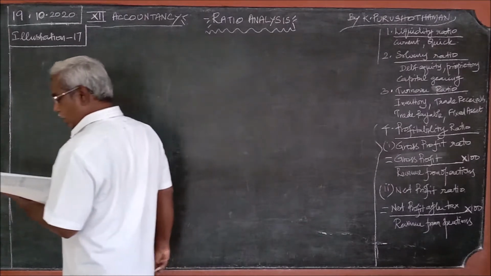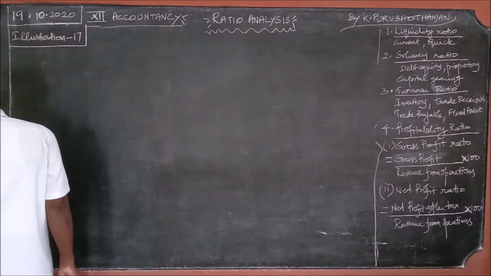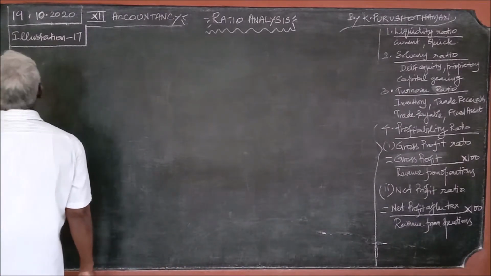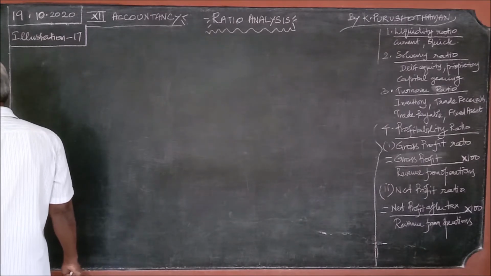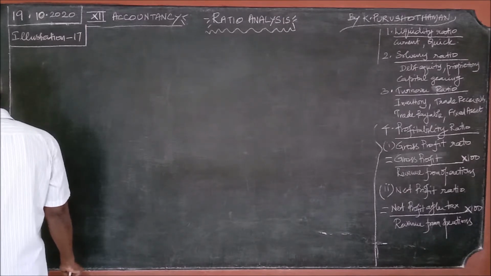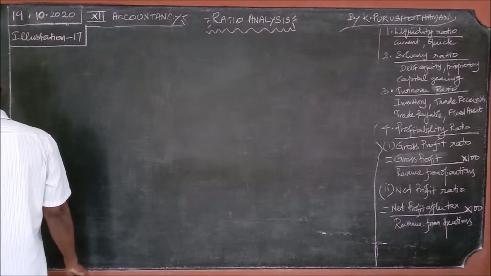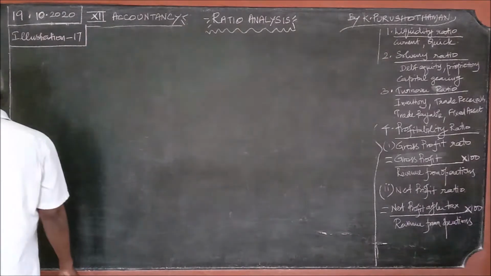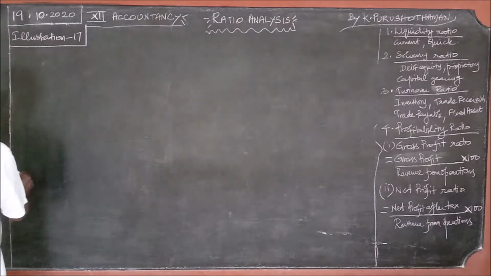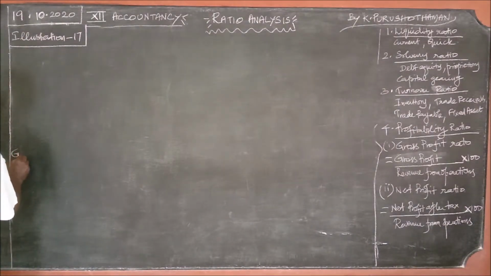So we shall see now illustration 17, page number 314. We will have to find out the gross profit ratio and the net profit ratio of Mukesh Limited.